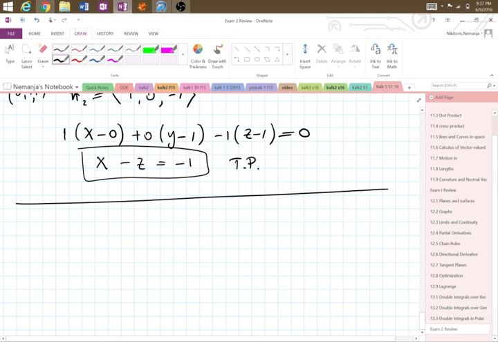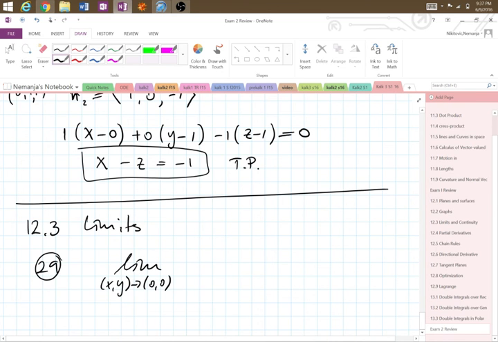Limits are 12.3. And we have 29, problem 29. It says limit as x, y approaches 0, 0 of y to the fourth minus 2x squared divided by y to the fourth plus x squared.